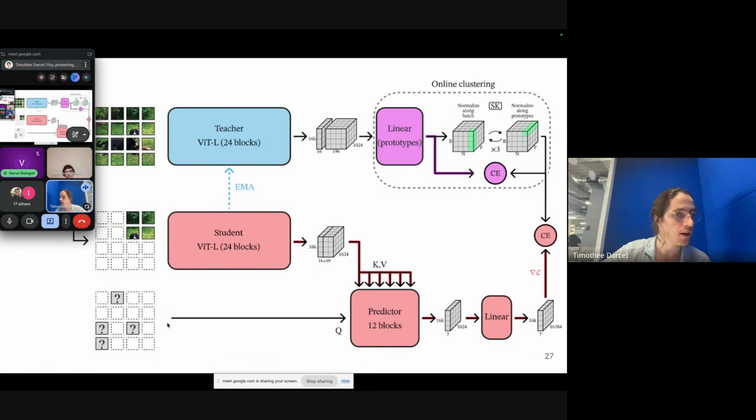What is quite nice is that this is a cross-attention predictor, and so the tokens do not have any interdependency. So if you forward all of the mask tokens at once, or just one token by one, they give the same result. And therefore, if you do prediction subsampling, where you only take a few tokens, it's exactly the same thing as if you had forwarded everything and then subsampled the loss term.